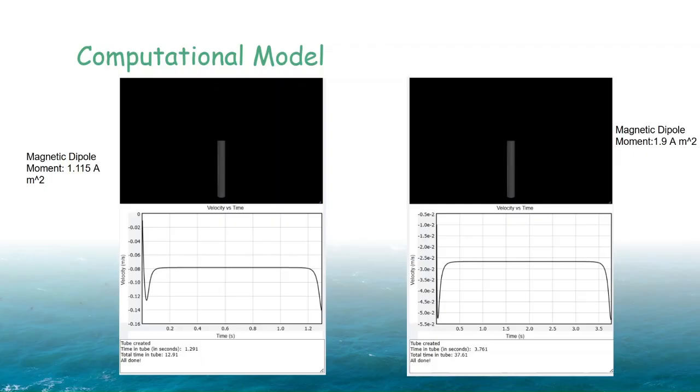A reason for this was that the mu mag from the previous lab was not aligned with the magnitude of the magnetic dipole moment needed for this lab, because it's a different scenario since the magnet is falling down a copper tube, and so the approximations would be different. And so we had to adjust the magnitude of the magnetic dipole moment so that it would be closer to the experimental data.